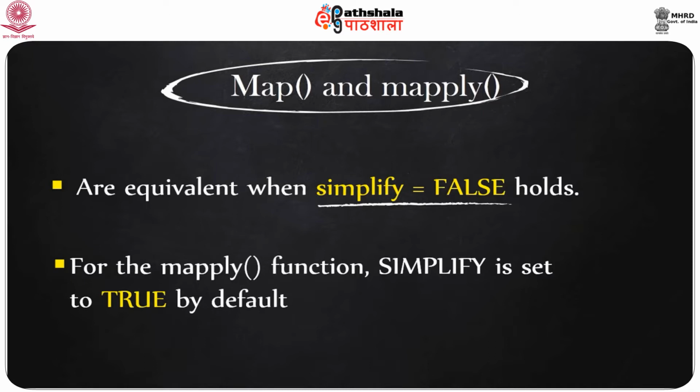As has been shown here, for the Map function, the anonymous function had been used to provide constant outputs, but things are not exactly like that for the Mapply function. Here it has the argument MoreArgs, which takes a list of parameters to be kept fixed during the iteration.